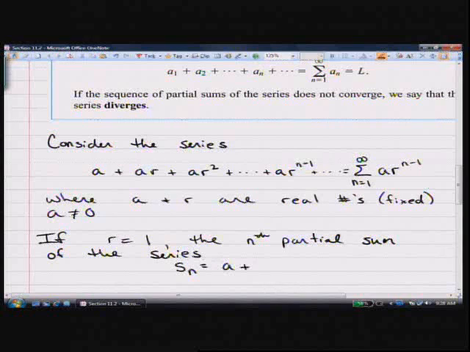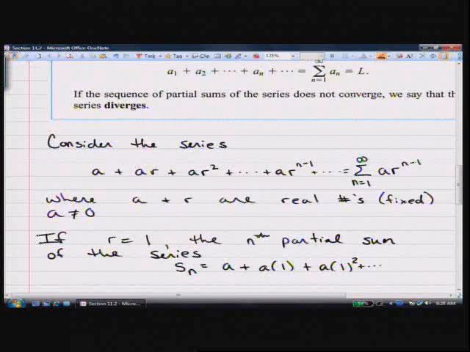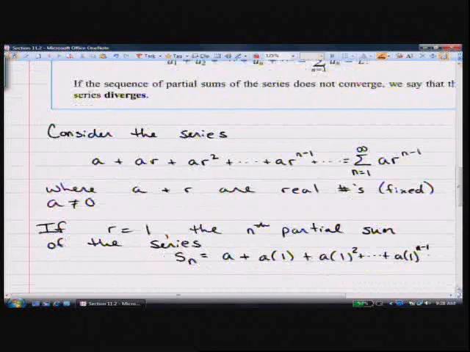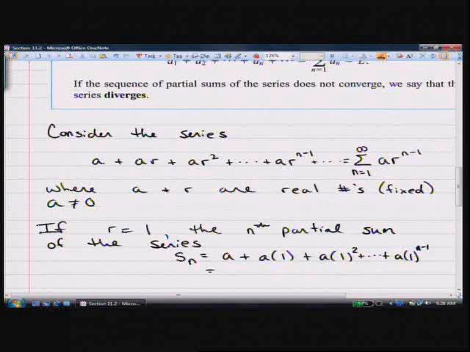You're going to have a plus a times 1 plus a times 1 squared plus, continuing on, a times 1 to the n minus 1. So what do you end up with? Well, how many a's do you have? You have n of them. So if you add them all up, you just have n times a. And so if you let n go to infinity, clearly this series is going to go to infinity, and so it diverges.